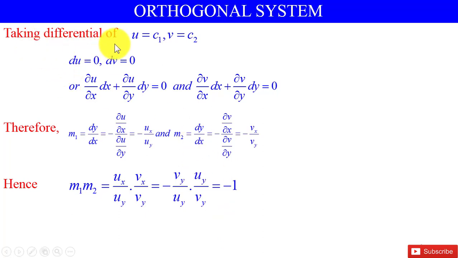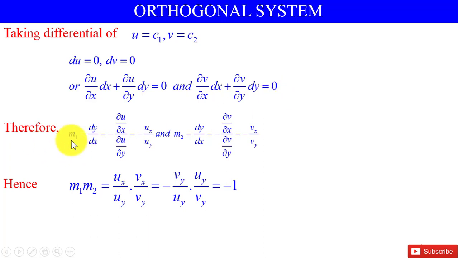Taking differential of u = c1, v = c2, we have du = 0, dv = 0 because u and v are constants, or ∂u/∂x dx + ∂u/∂y dy = 0, and ∂v/∂x dx + ∂v/∂y dy = 0.